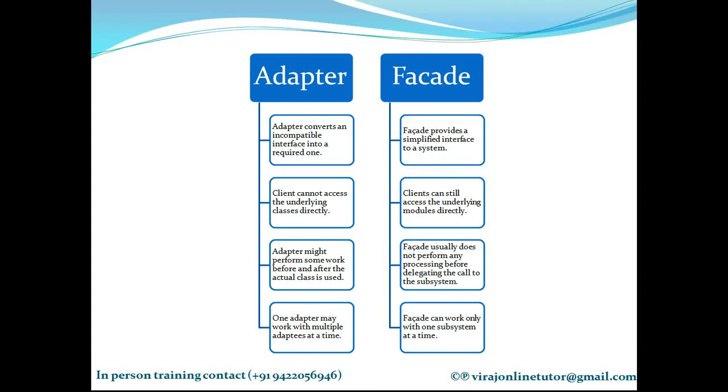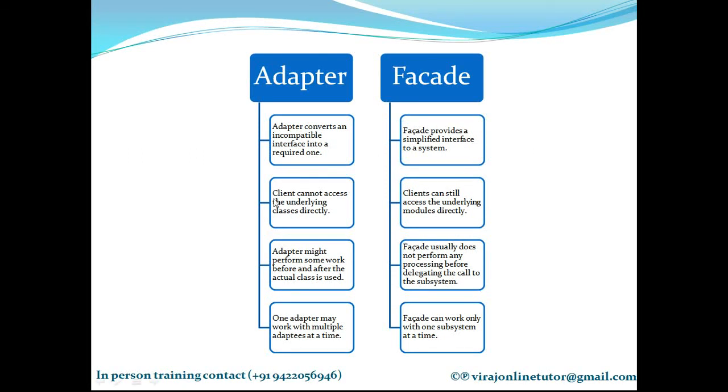Instead of us talking to each of them, I simplified the interface. I just introduced a facade. It's a very simple interface, and I'm talking to the facade. So for a simplified, unified interface, use a facade. If you want to convert an incompatible interface into a required one, use an adapter. If you want a single unified interface, use a facade.